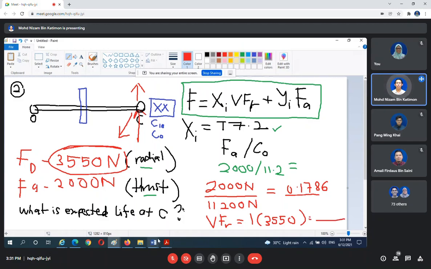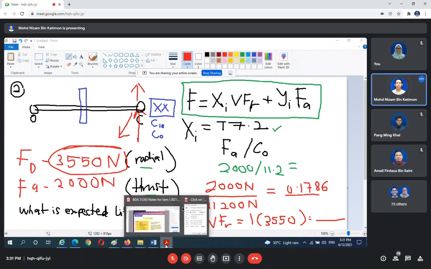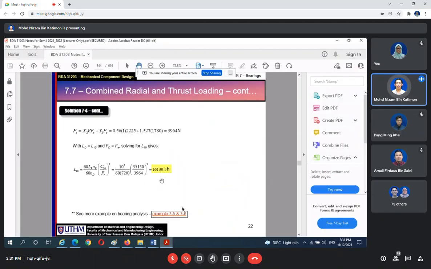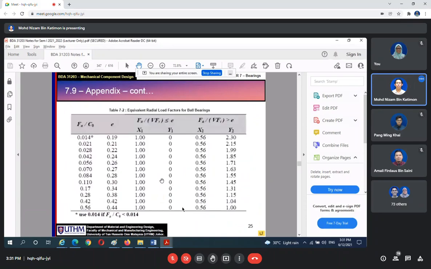So what is the next step? Refer to page 72.